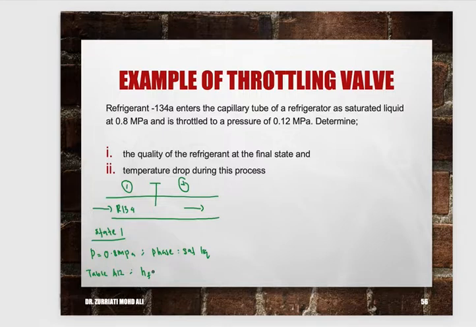So hf is equal to h1, and I get from the table 95.48 kJ/kg. Also from this table I get T saturated, which is 31.31 degrees Celsius.